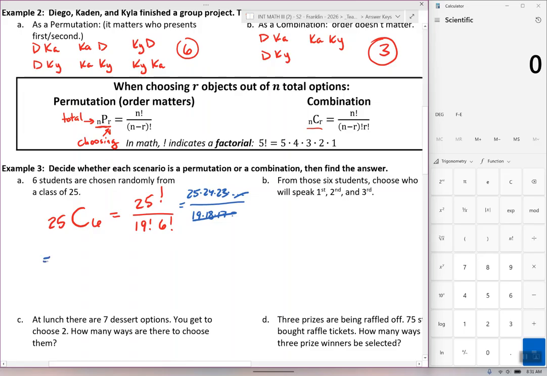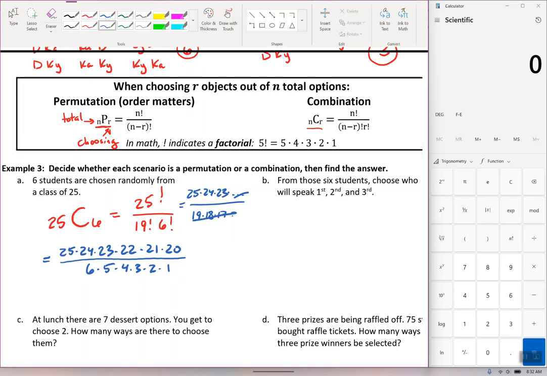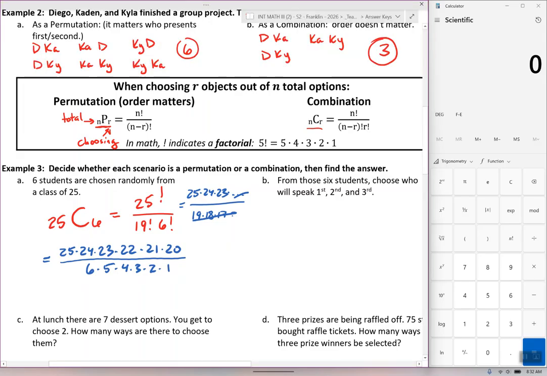So what we end up with is 25, 24, 23, 22, 21, 20, all over 6, 5, 4, 3, 2, and 1. So the 19 factorial part canceled out everything below 20 on the top, and then we still have that 6 factorial left over.